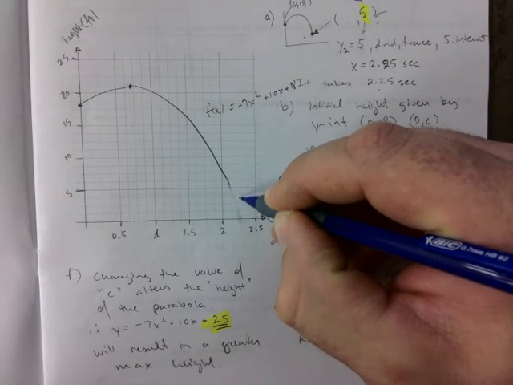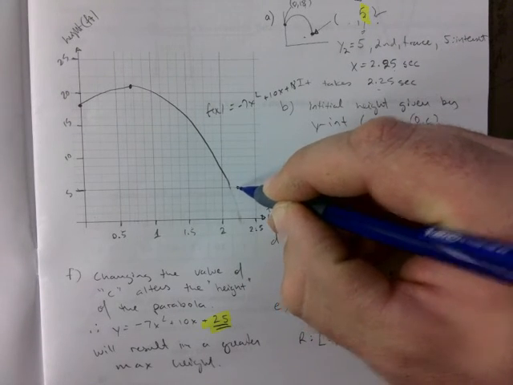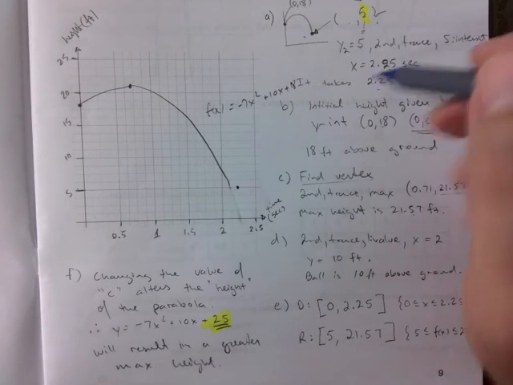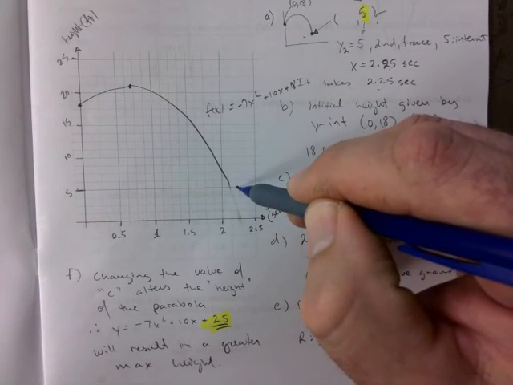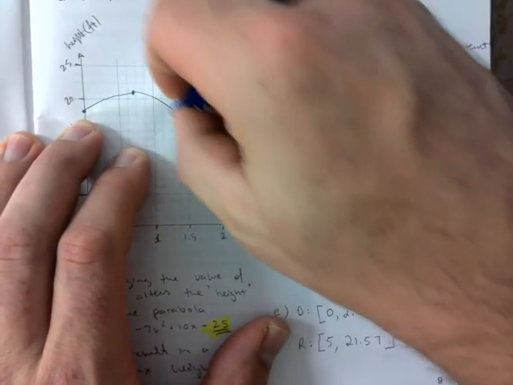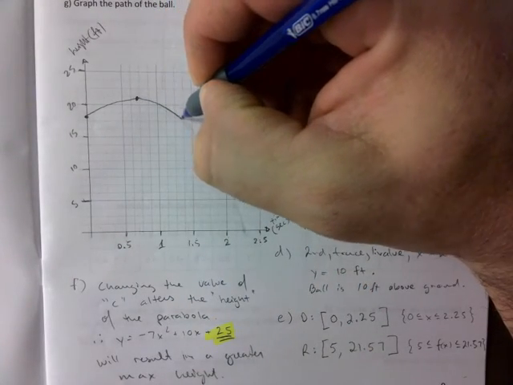Yes. It doesn't hit the ground, does it? This is the 2.25. The 2.25 is here, right, at a height of 5. So let me adjust this, okay? Yep, thank you.